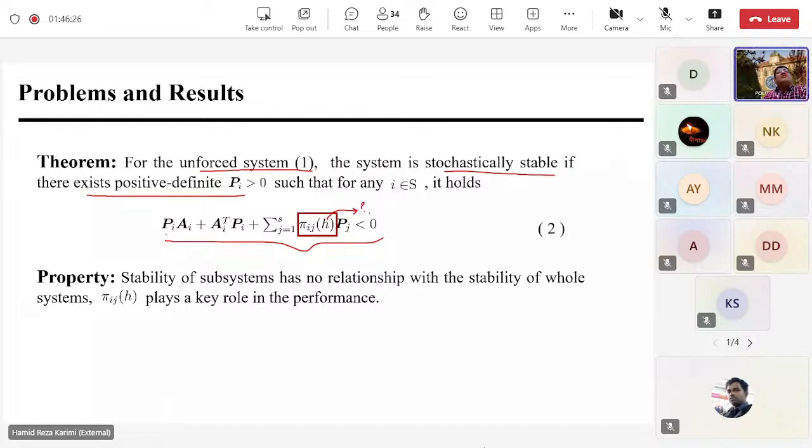Because h is the parameter of the Markov process, how to satisfy this condition is one challenge. The stability of the subsystems, for i from 1 up to S, has no relationship with the stability of the whole system. So you see that pi_ij(h) plays a key role, basically for the stability and also the performance of the whole system.